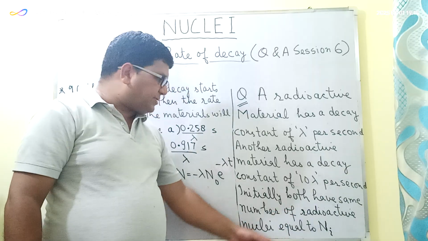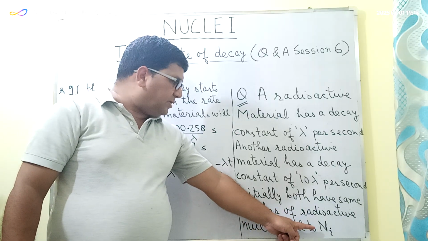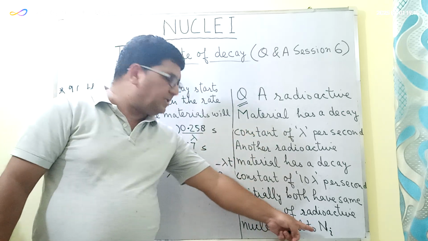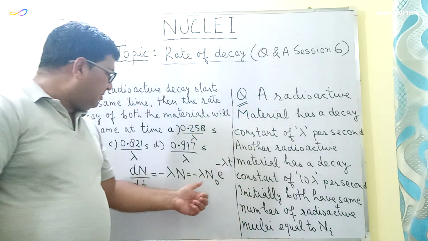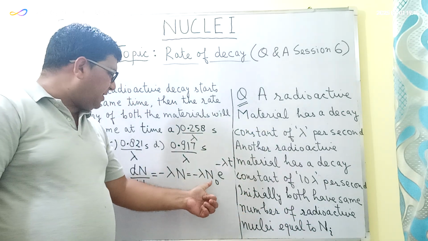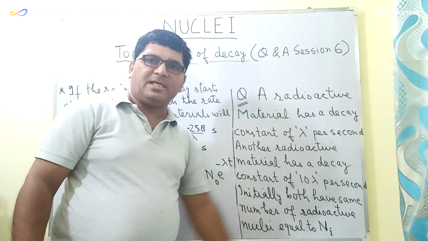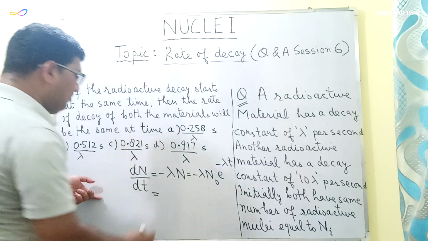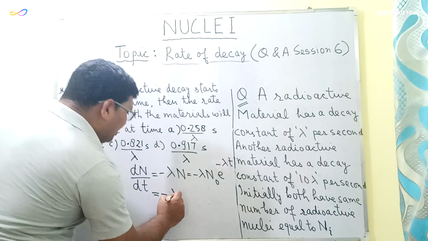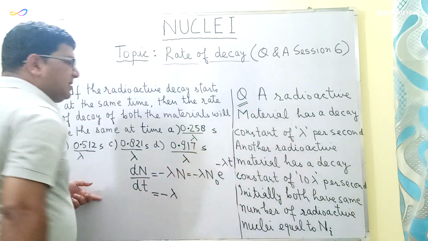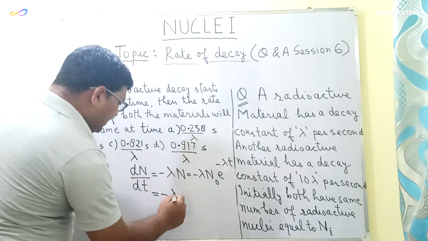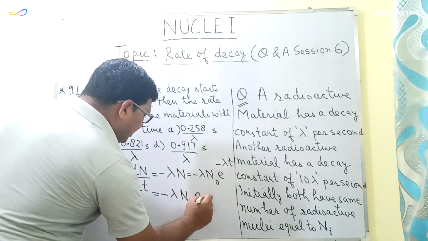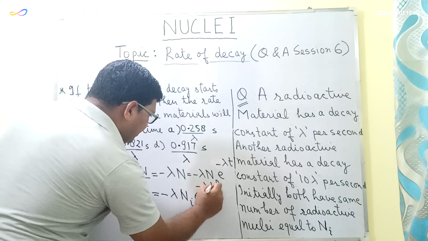In this question, at t equal to 0, the number of radioactive nuclei in both materials is Ni, so N naught will be replaced by Ni. For the first material, the rate of decay will be minus lambda, because the decay constant is lambda per second, multiplied by Ni into e to the power minus lambda t.